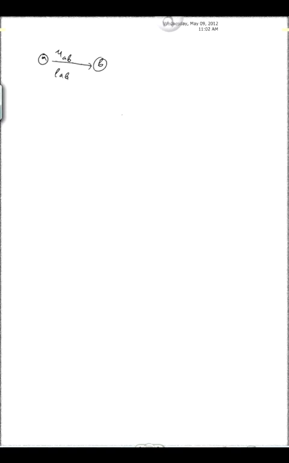So I have this lower bound, and what I'm going to do is I'm going to transform the graph. So to satisfy the lower bound, we need to move L trucks across this edge. So let's just pretend that we're moving L trucks across the edge.